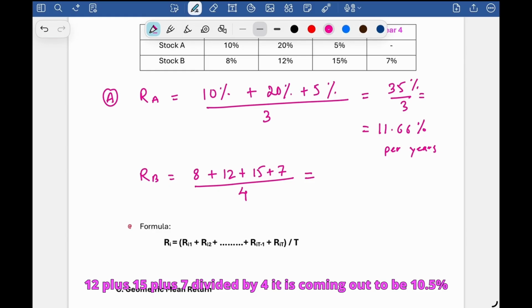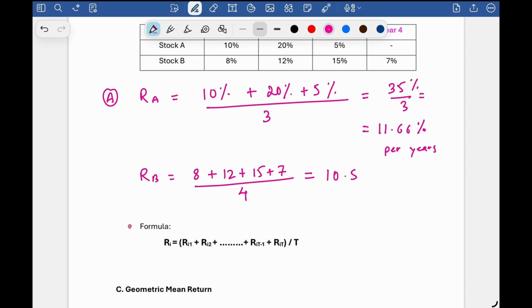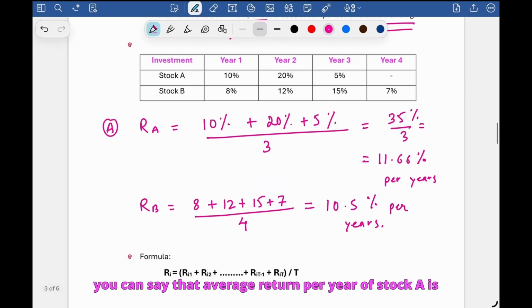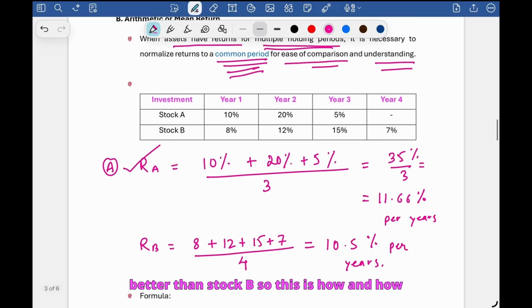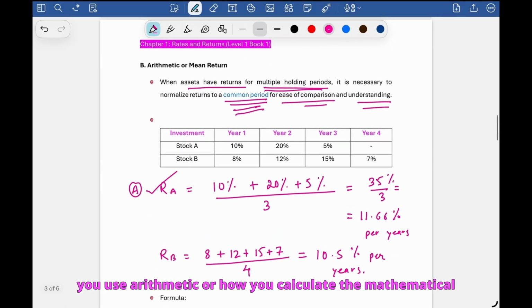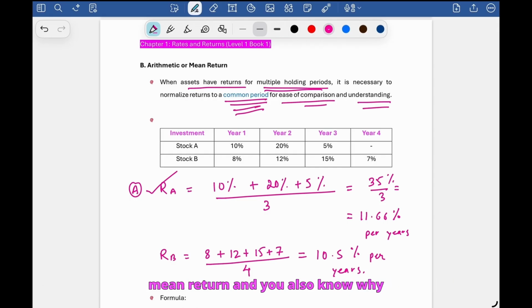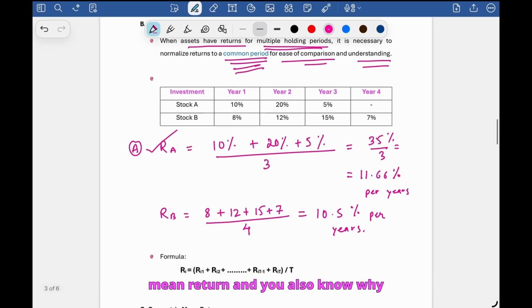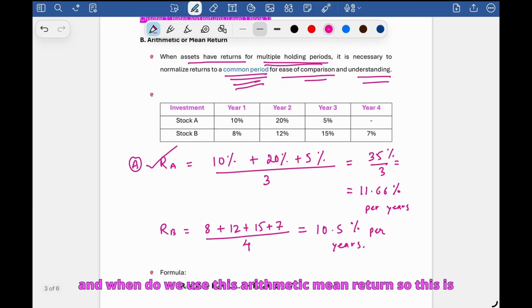It is coming out to be 10.5% average return per year. So here you can say that average return per year of stock A is better than stock B. So this is how you calculate arithmetic or mean return, and you also know why and when we use this arithmetic mean return.